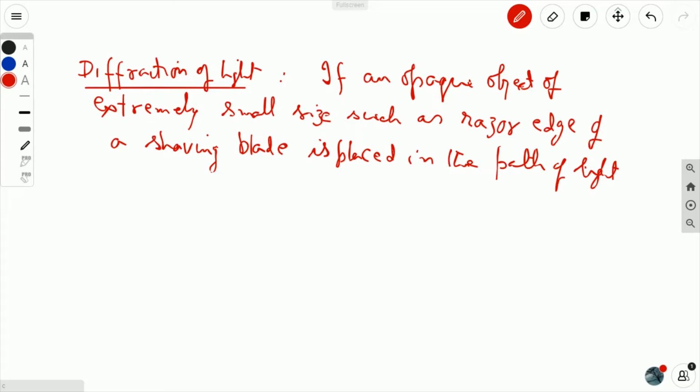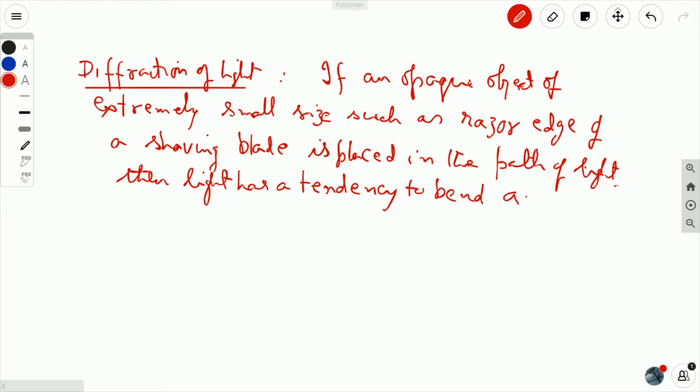then light has a tendency to bend around it.